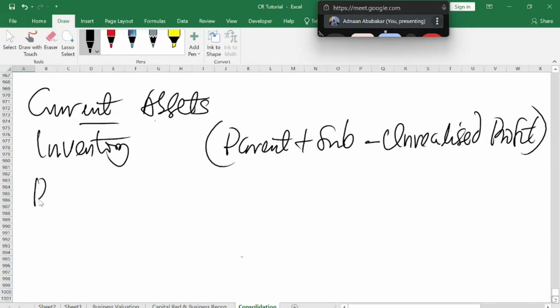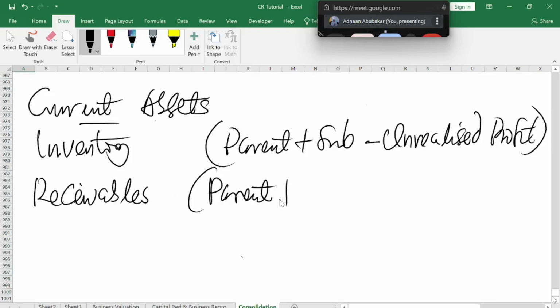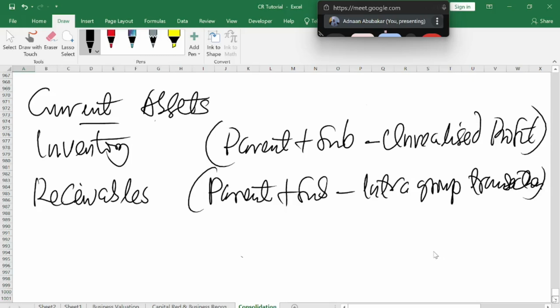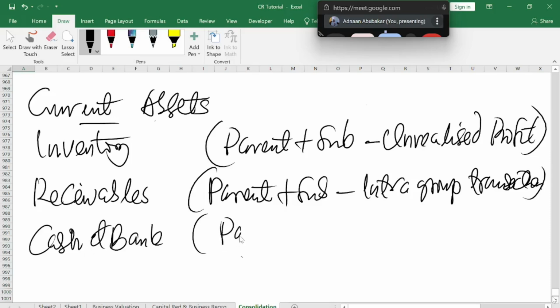You have your receivables: parent plus subsidiary. Then here you will also come and less your intra-group transactions. All these things you will come and see. You also have cash and bank: parent plus subsidiary.